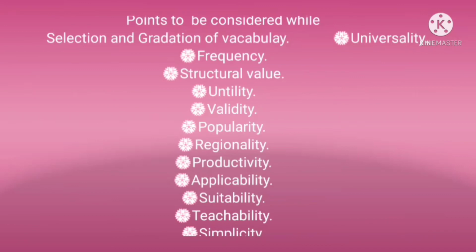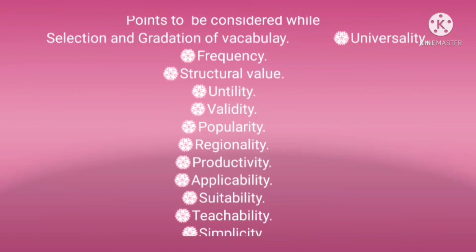Words which help in forming sentences by linking content words should be taught early in the course. Next is utility. The words should be useful for the learner and should not be above his mental level. And the next is validity. Words of current usage are included under this head. That means out-of-date words should be rejected.